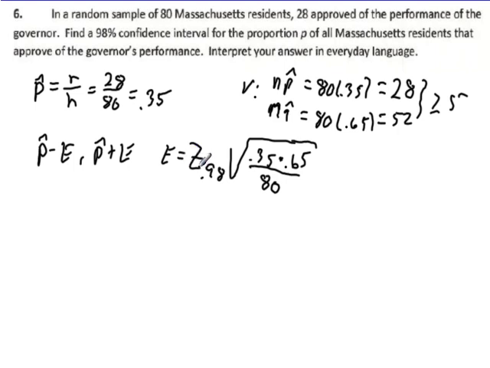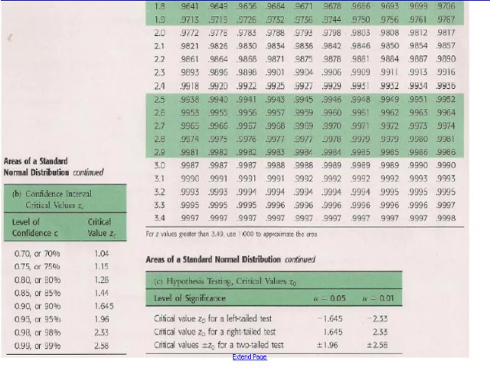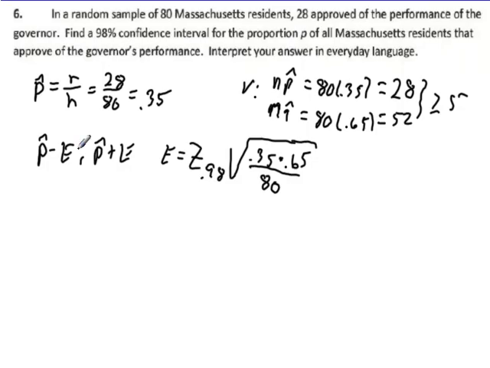Now, the only thing that we said a moment ago that we're missing is Z.98. Let's get that from our table. So if our confidence level is 0.98, our critical value is 2.33. So let's punch that into our formula. 2.33 multiplied by this whole square root, 0.35 times 0.65 over 80.